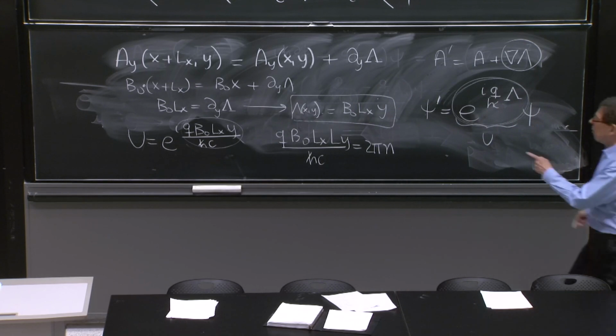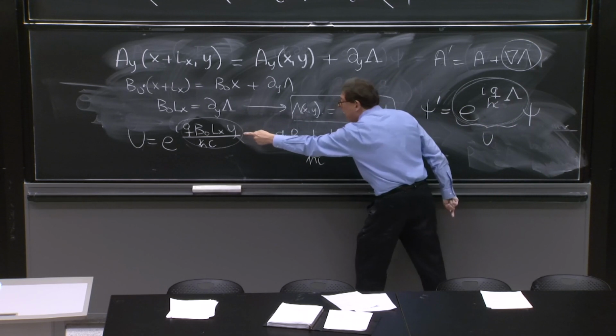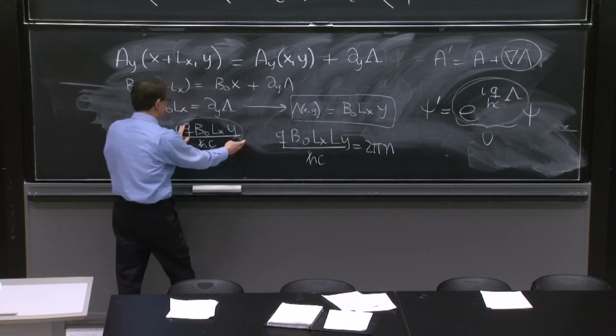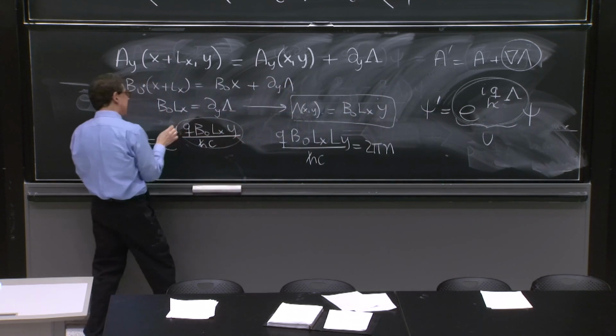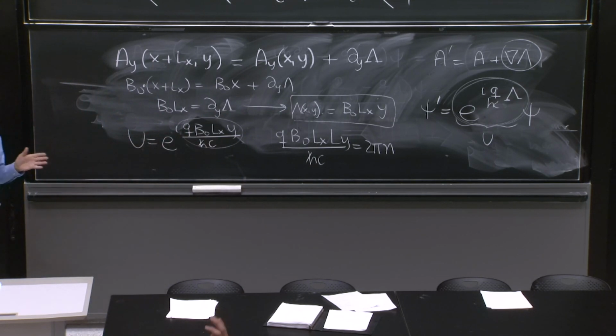When you change y to y plus L_y, this whole exponent changes by 2 pi n, and e to the i times 2 pi n is 1, so U is well defined on the torus.